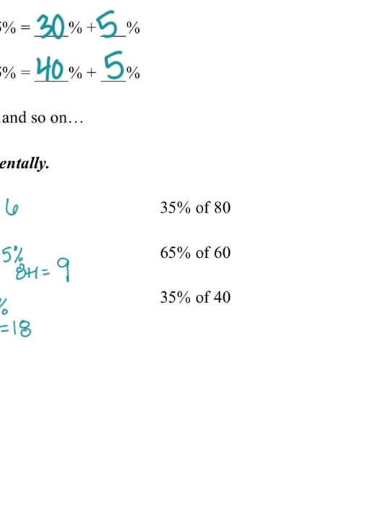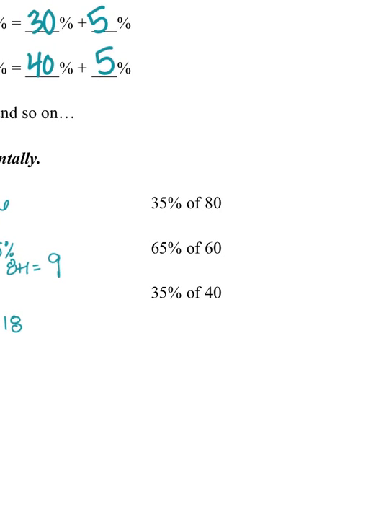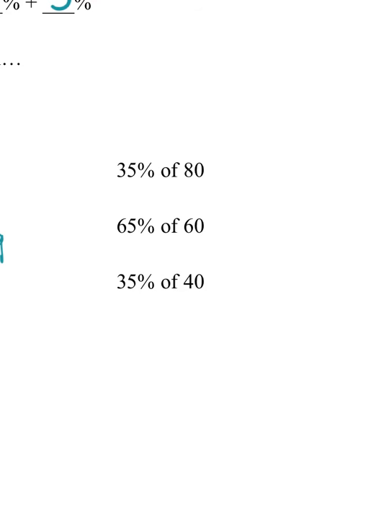All right, 35% of 80. Okay, I'm going to try to go slow and break this down. 35% of 80, that's 30%, right? Plus 5%. So that's like 10% times 3 plus 5%. Okay?